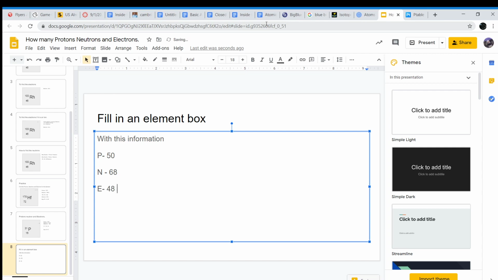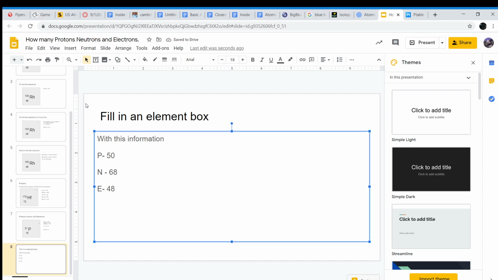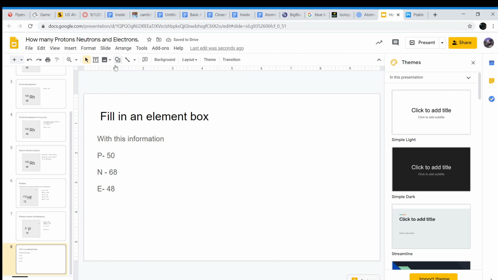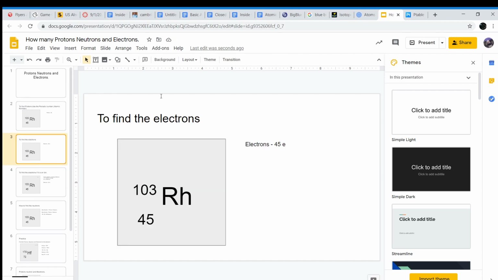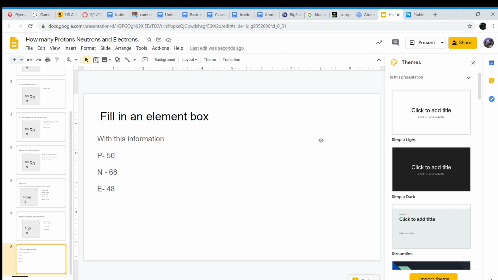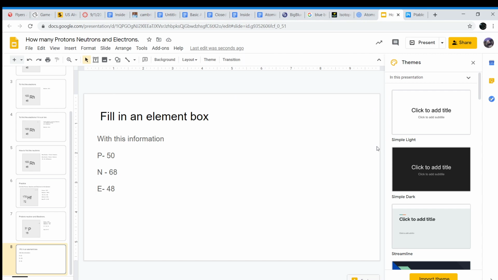Okay, so what we're going to do is we're going to go ahead and fill in an element box with this information. Okay, so I'm going to go ahead and grab my old element box to help me out here. Because formatting is awful on PowerPoint, you guys should probably all know that.